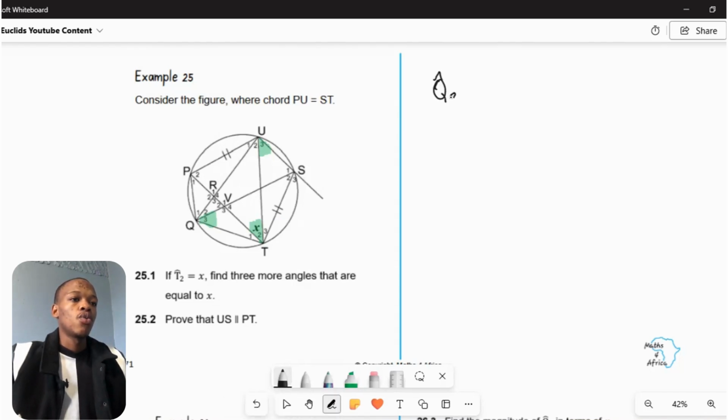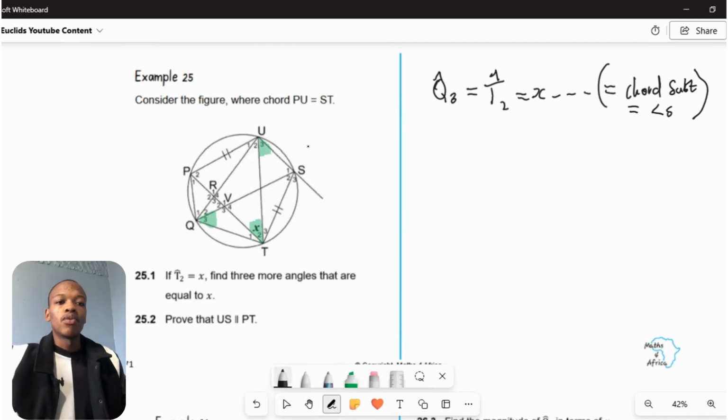Angle Q3 is equal to X, or in order for it to be precise, angle Q3 is equal to angle T2, and they are equal to X. Why? Equal sides or equal chords. Equal chords subtend equal angles.